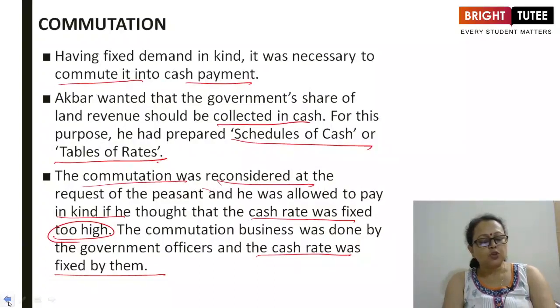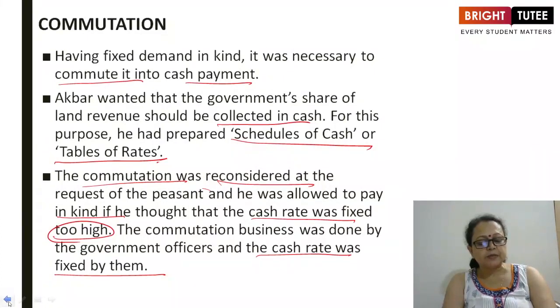There were also some other systems of sharing the produce. The Batai or Bhaoli system prevailed in Thatta and Kandahar in Akbar's times. There was another method, Kankut, which means determining the share through a rough estimate of the standing crops, and on this general estimate the state demanded its share.